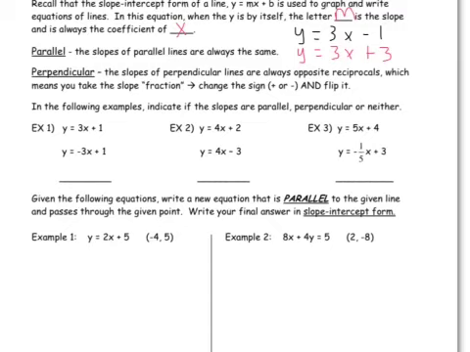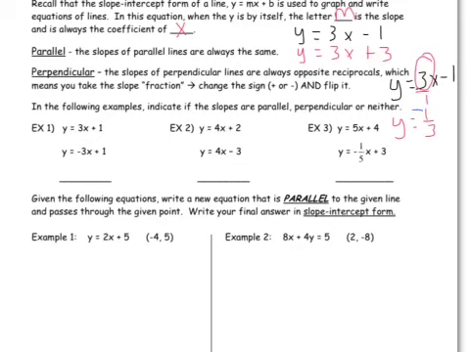If I took that same equation, y equals 3x minus 1, and I wanted to write a line that was perpendicular to that, I would take the slope, which is 3, and I'd make it a fraction. So it'd be 3 over 1. Then I need to flip the fraction over, so y equals 1/3, and then it was positive, so now I'm going to make it negative.